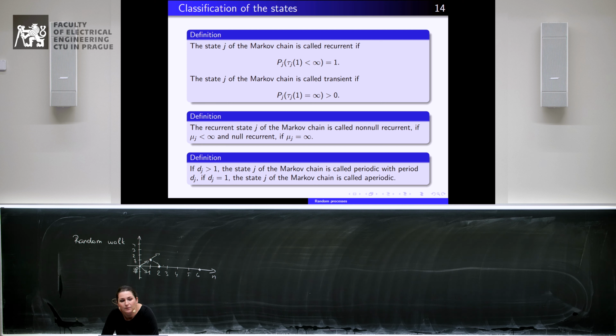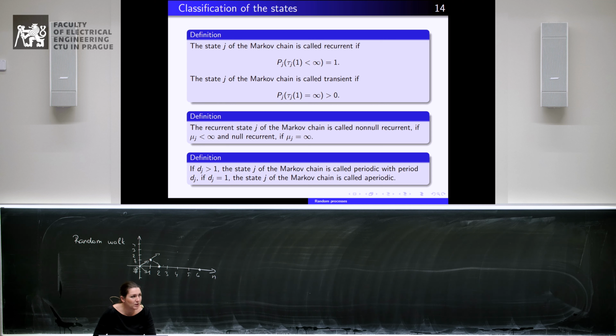And how can we divide the states otherwise? The basic division is to the states which are recurrent and to the states which are transient. In the second case, there exists a probability that the process won't come back to itself.